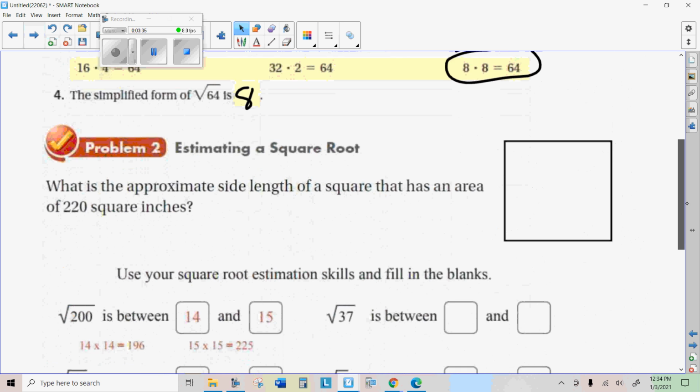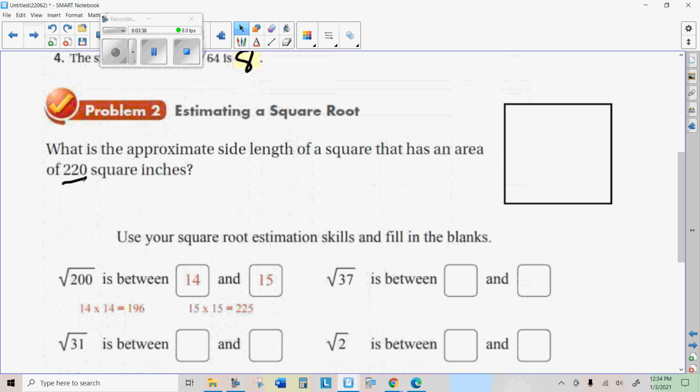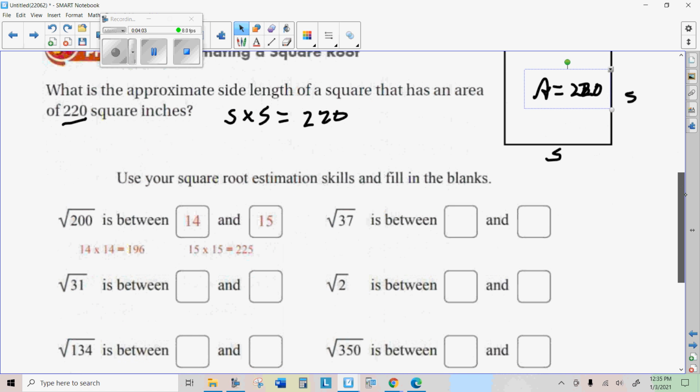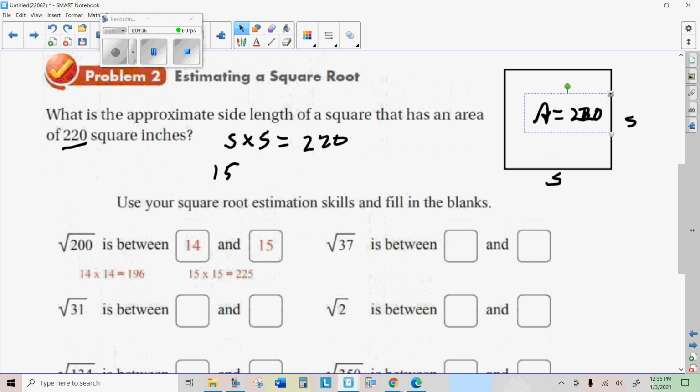So to estimate this, if the area of the square is 220, so the area equals 220, let's just call the side length S. That means that S times S is equal to 220. Okay, now there's no number that perfectly fits that, but we know that 15 times 15 is 225, and we got that on the previous page. So the square root of 225 is 15.